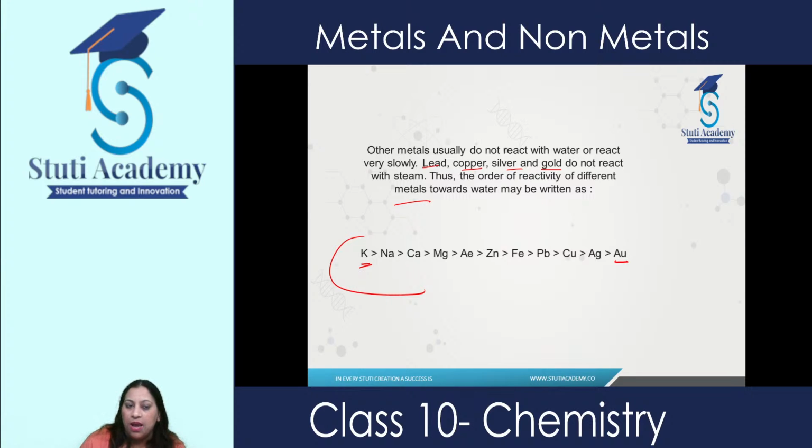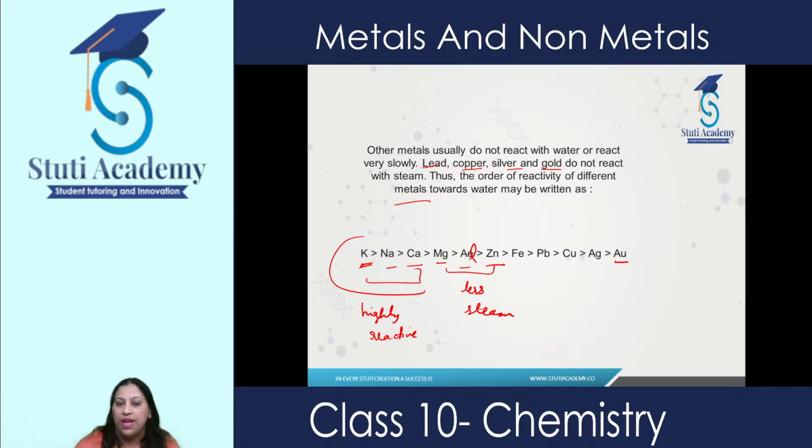But if we are talking about potassium, sodium, calcium, they are highly reactive. Magnesium, aluminium, zinc are less reactive, so they'll react with steam. Lead, copper are even less reactive, and they will not react.